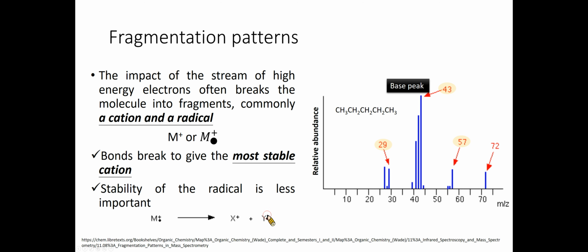The uncharged free radical will not produce a line on the mass spectrum. Only charged particles will be accelerated, deflected, and detected by the mass spectrometer. These uncharged particles will simply get lost in the machine. Eventually, they get removed by the vacuum pump.